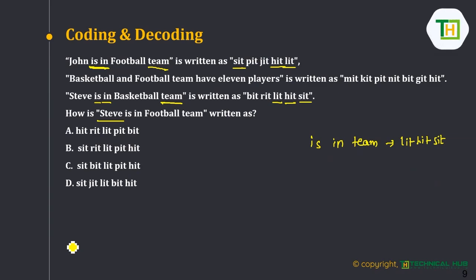But for is in team, the combined code is lit, hit and sit. So I have found the code for is in team. Next, these 2 are remaining, football and Steve. When I want to find the code for football, see here, football team.